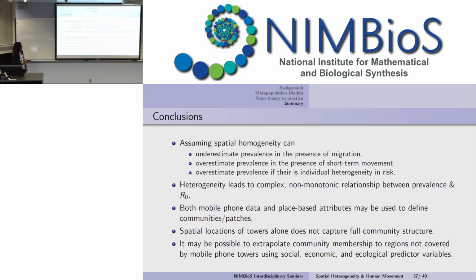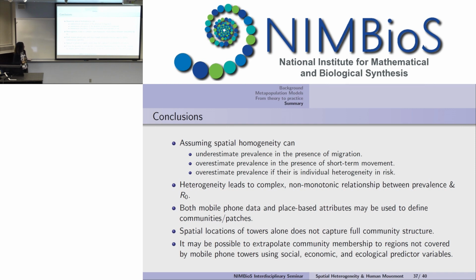Beyond that, we saw that heterogeneity leads to complex non-monotonic relationships, not just between prevalence and R naught, but also between prevalence and movement. This means that if we're trying to make predictions or determine the risk of a particular region, we need to take into consideration these different factors.